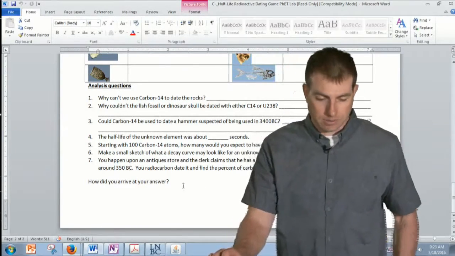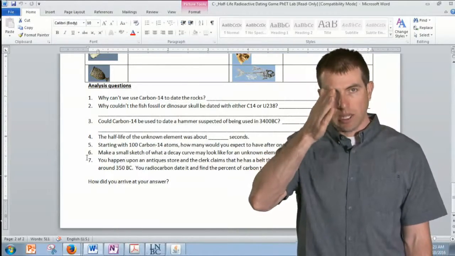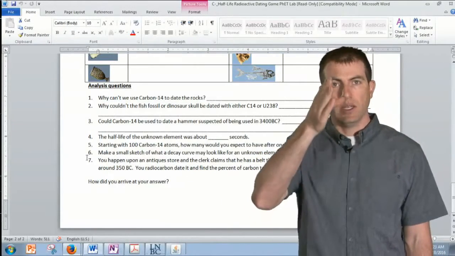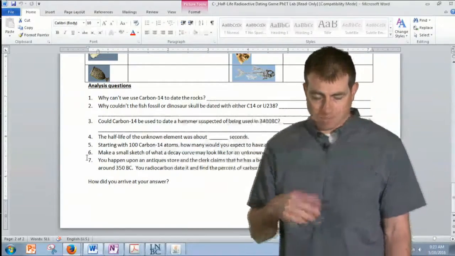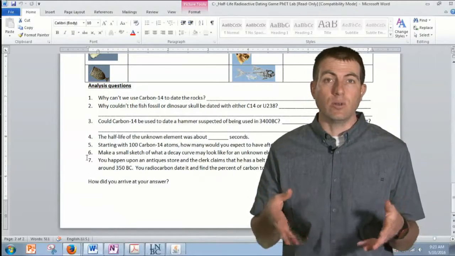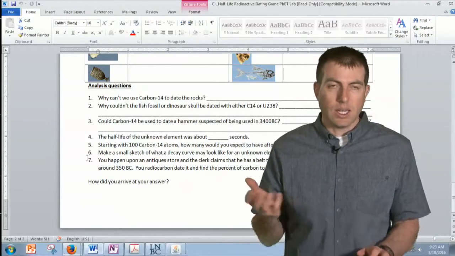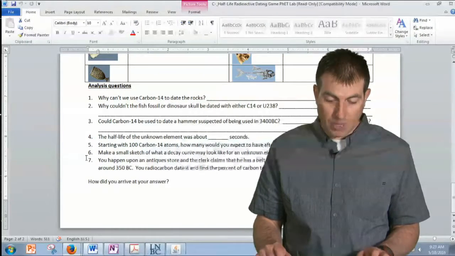So I guess for number 6, all decay curves are going to look the same. They're all that same general sloping where they start really steep, you get half, and then you go from there. So any decay curve we've drawn in the notes or any one you've seen, they all look identical. So if you just sketch something like that, that would be fine.